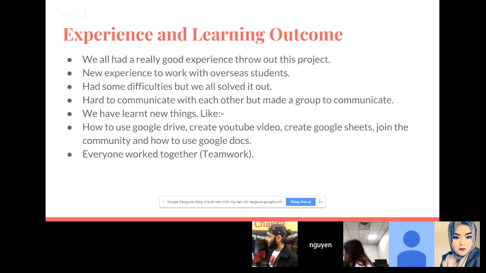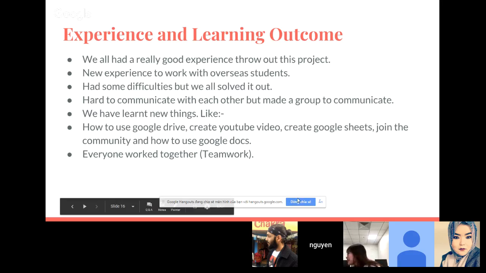There were difficulties at first, but throughout we solved it by communicating with each other and creating a group. And we learned a few things from this project: how to use Google Drive, create YouTube videos, create Google Sheets, join the community, and how to use Google Docs. Everyone worked together as a team. It was a really nice meeting, you guys, and thanks for working together.